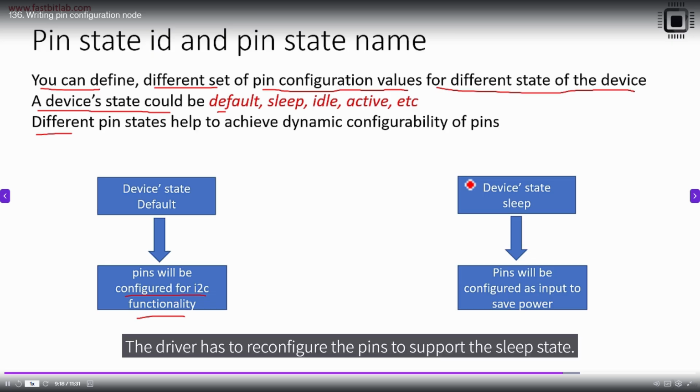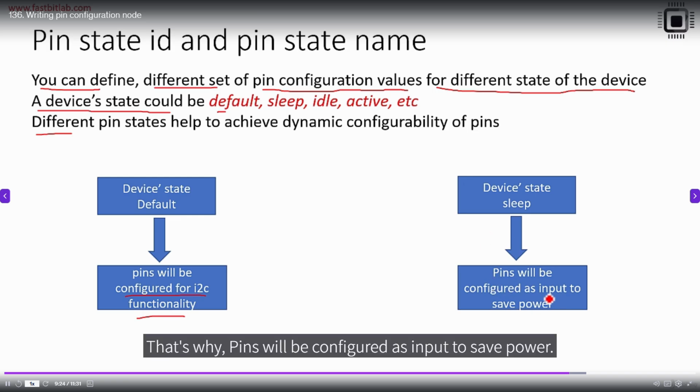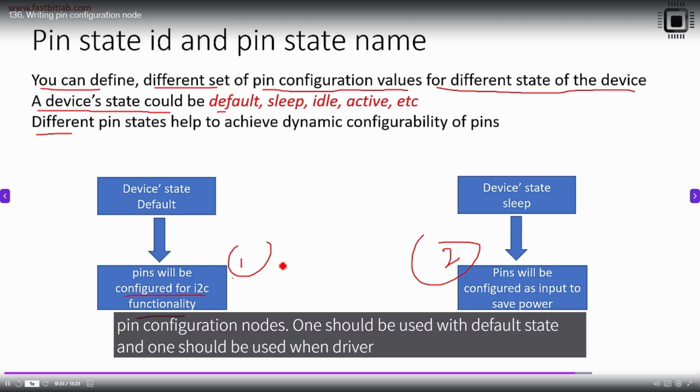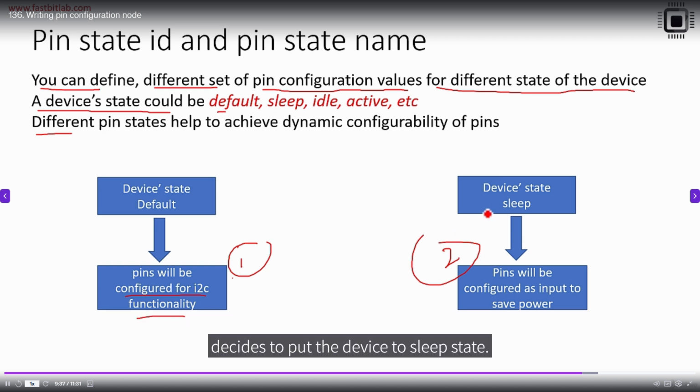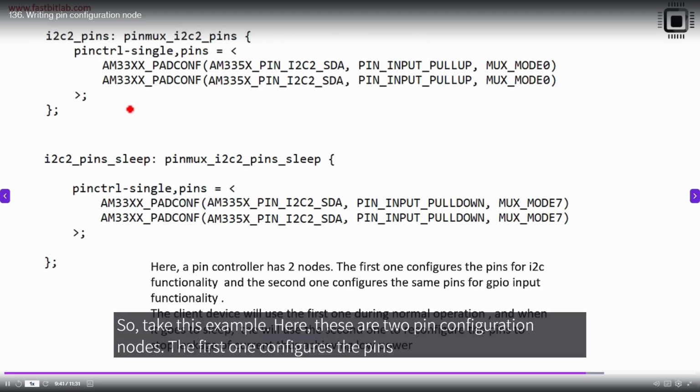The driver has to reconfigure the pins to support the sleep state. That's why pins will be configured as input to save power. So that means there will be two pin configuration nodes. One should be used with default state and one should be used when the driver decides to put the device to sleep state.